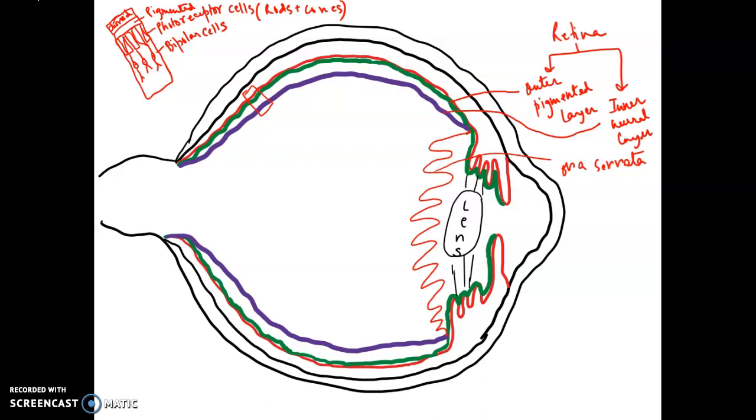The bipolar cells then synapse with ganglion cells. These are ganglion cells. Now the axons of the ganglion cells come together. So these are axons of ganglion cells.